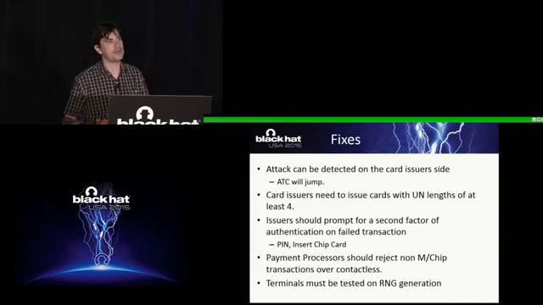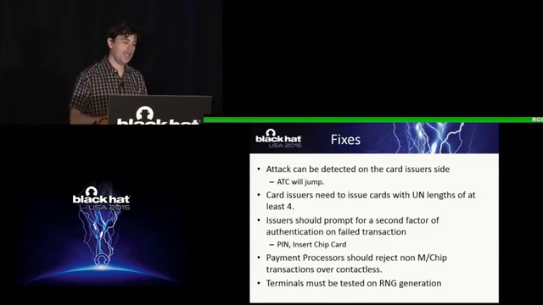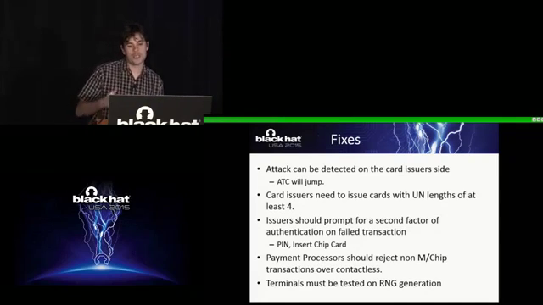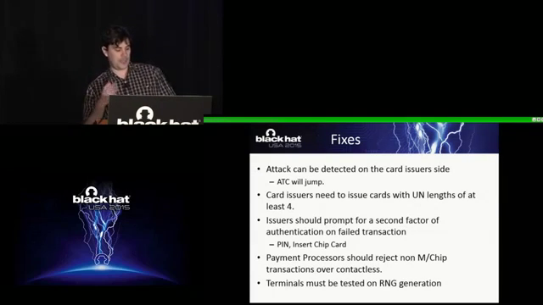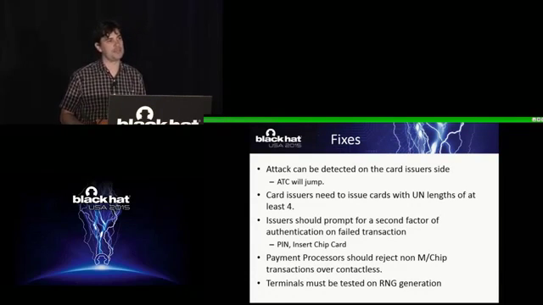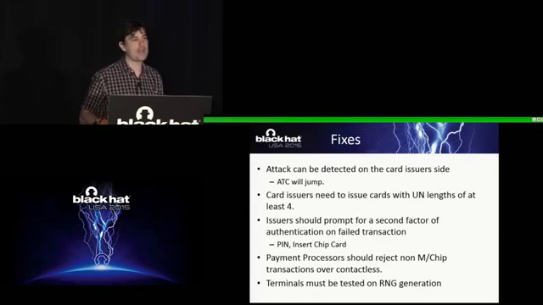So if it goes off and tries to do the payment, it should go back to the terminal and basically ask for the customer to authorise it using some other method. And generally, the payment processors should basically reject anything that isn't an M-chip transaction. At this stage, it shouldn't be that we have to support these legacy modes, simply put.